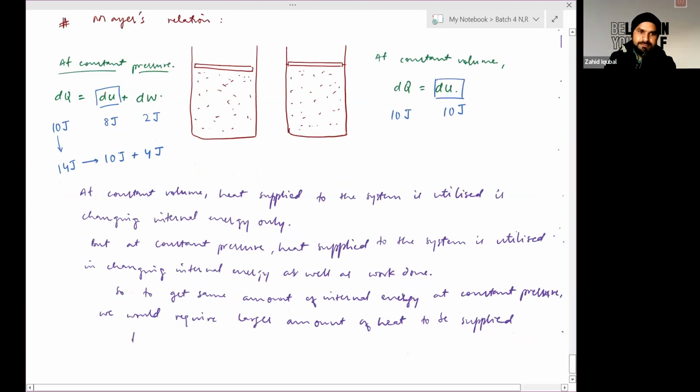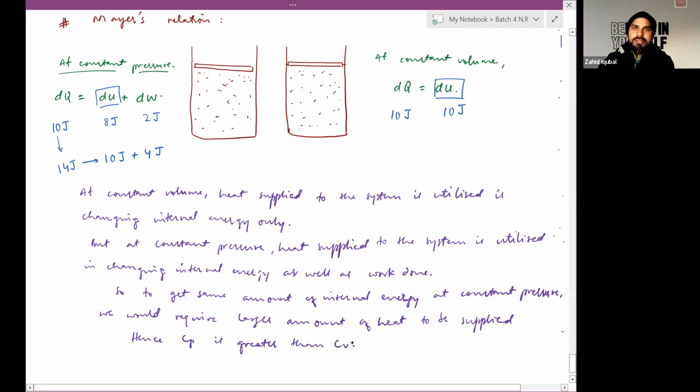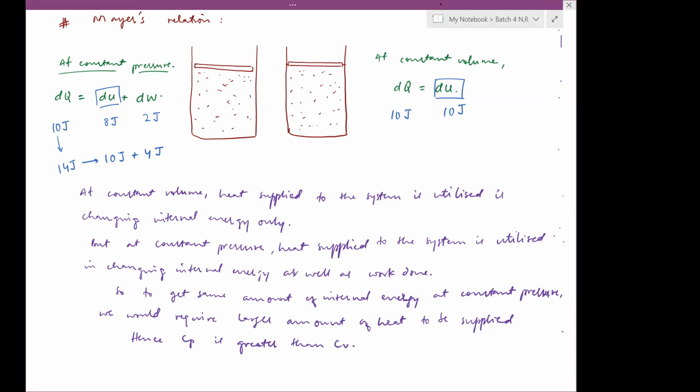Hence, Cp is greater than Cv. Krishna, any doubt? No, sir. Okay, just write it down.